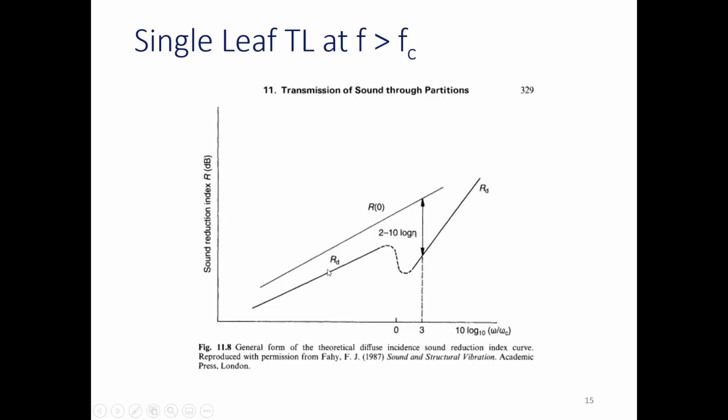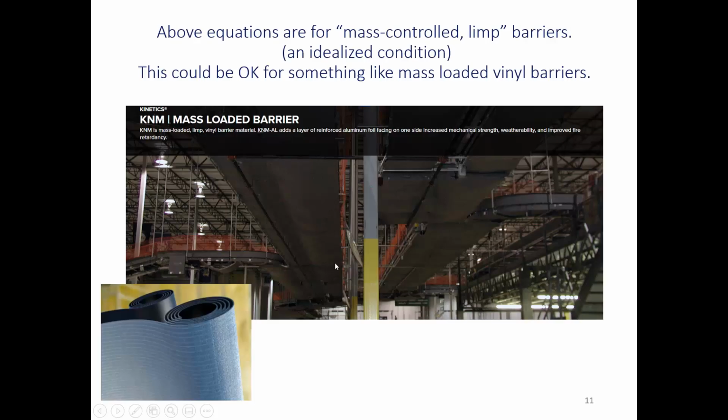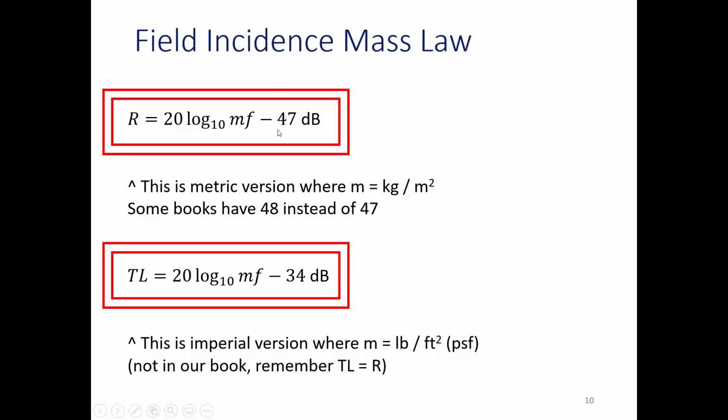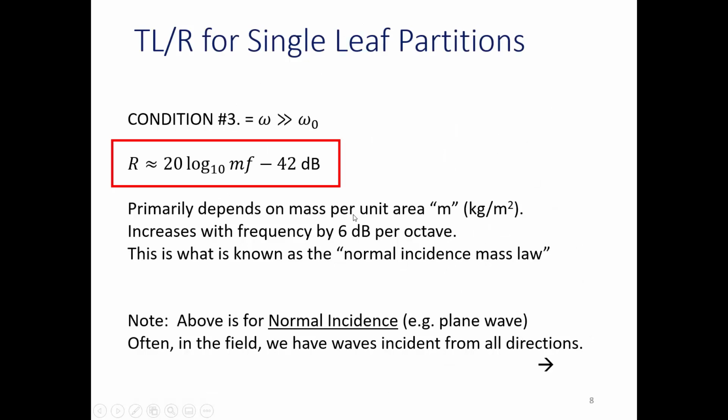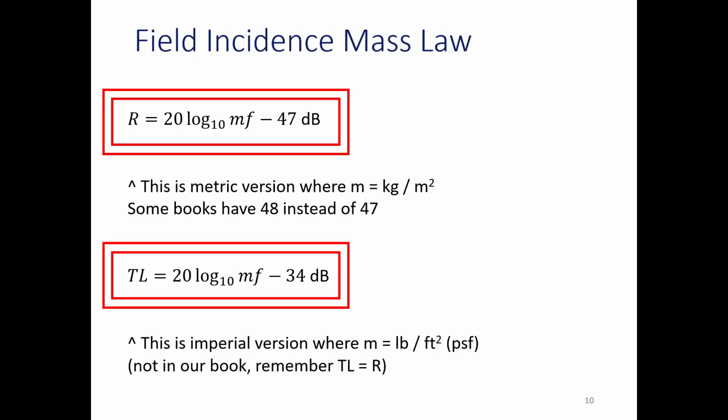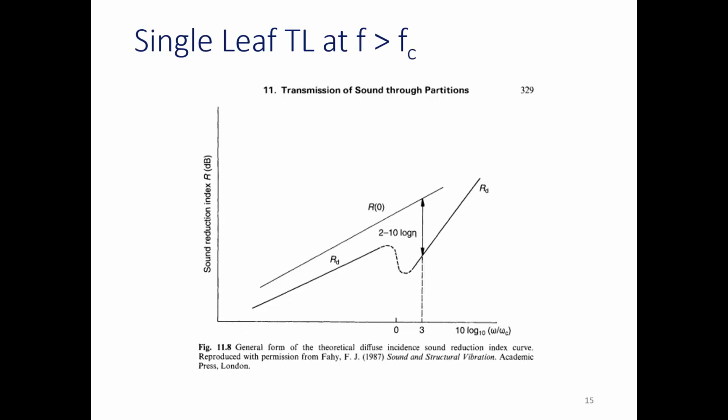I think that's around 6 decibels, but this would be the difference between the normal incidence and the diffuse field incidence. So that would be, say this equation, 47, or I didn't point this out before, but some books have 48 in here. So 48 or 47, and then this one is 42. So it's 5 to 6 decibel difference depending on which publication. That's the drop between the normal and the field incidence.